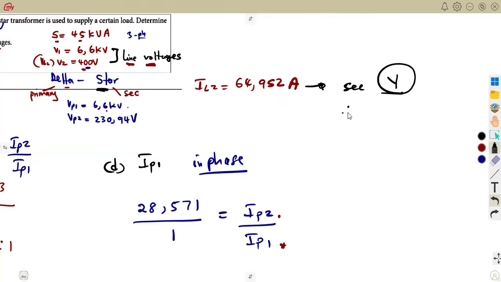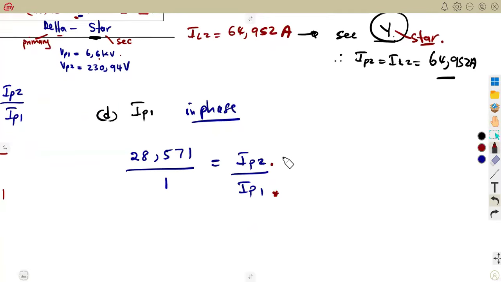So therefore, IP2 was going to be equal to 64.952 amps, because we are dealing with a star. In a star, the line and the phase currents are the same. So nothing has changed. We're just going to use that value here.